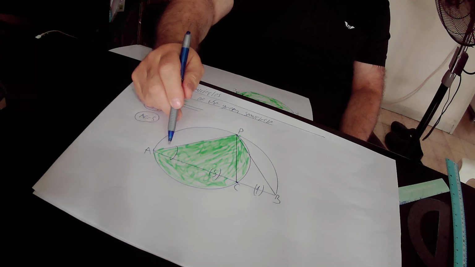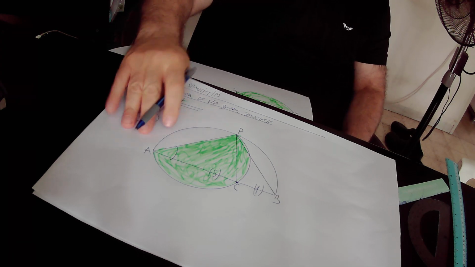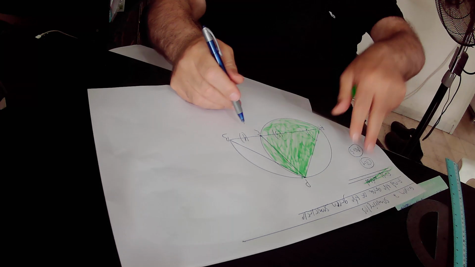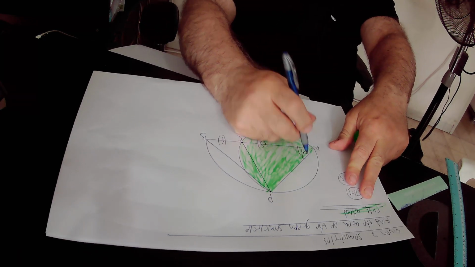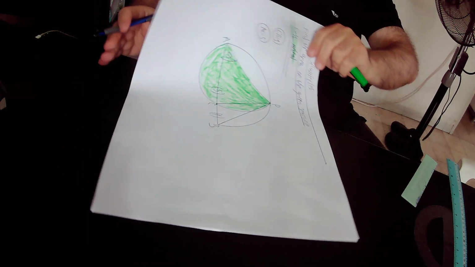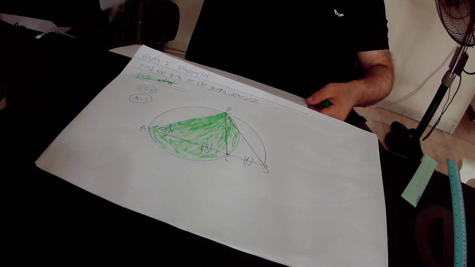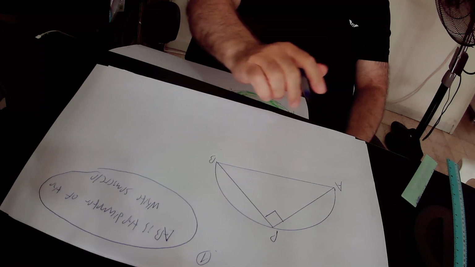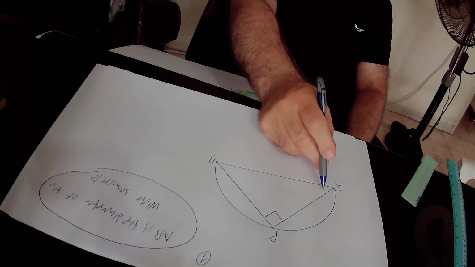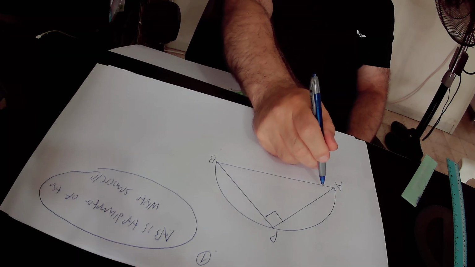So we define the size of this common angle A as alpha. According to our definition, this common angle A equals alpha.